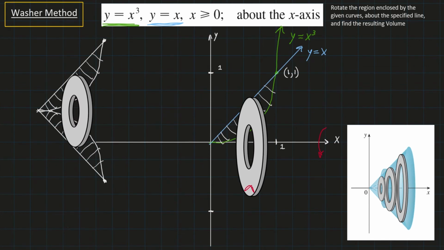So let's form the outer disk of this washer first. If I look at it, radii produced by the y is equal to x curve will produce larger circles, larger disk areas. Here we go, radii, radii, radii. Those radii are y coordinates, so I need an equation that gives me those y coordinates.